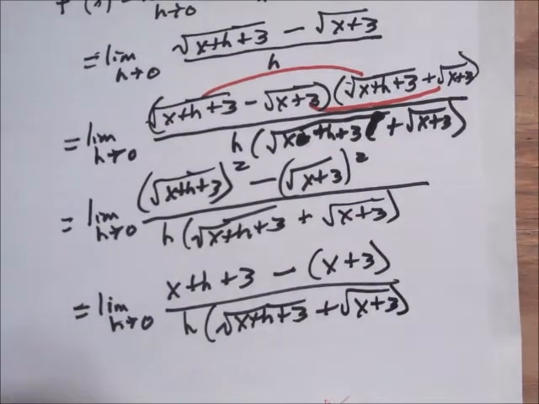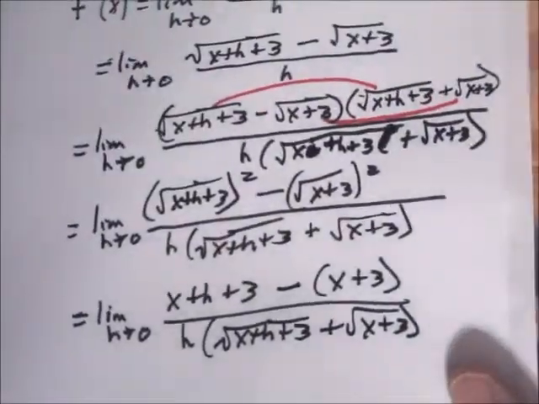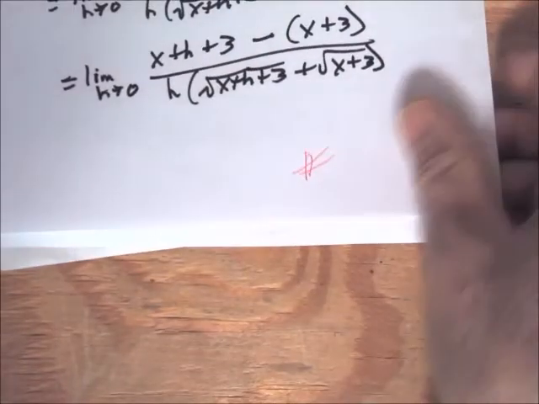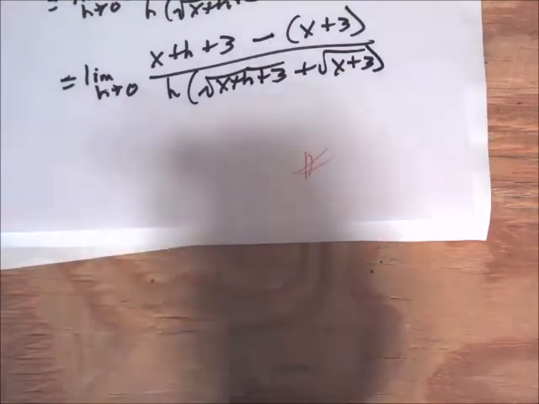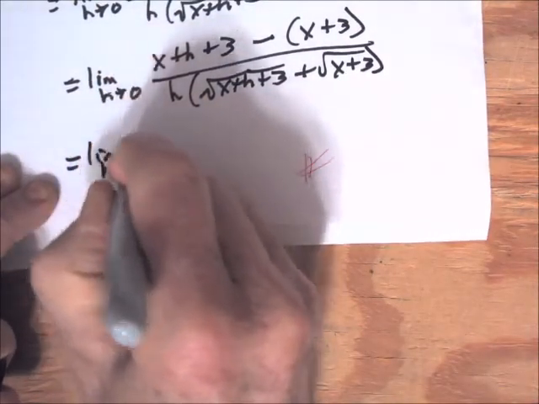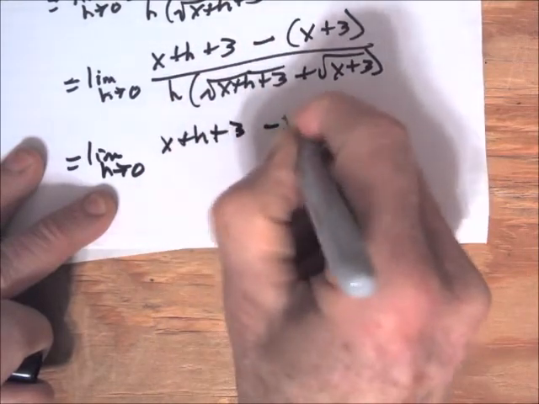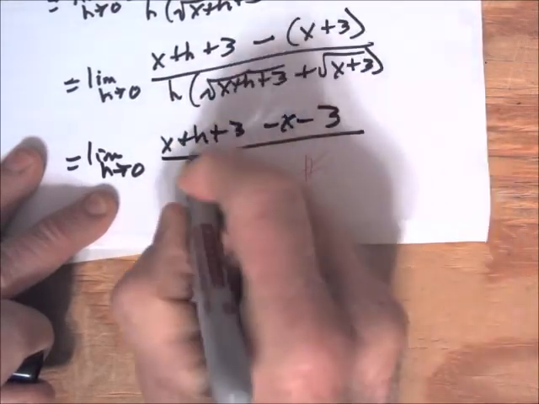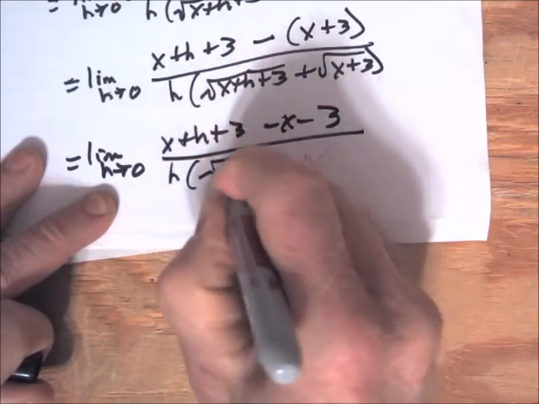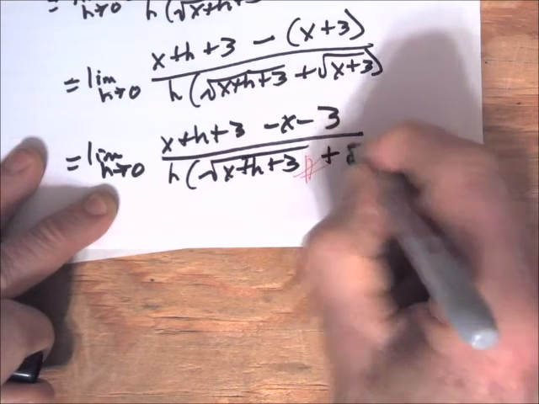Okay, so now we can distribute the minus sign. So we'll have the limit as h goes to 0 of x plus h plus 3 minus x minus 3, all over h times square root x plus h plus 3 plus square root x plus 3.